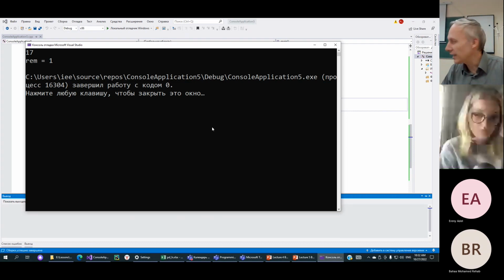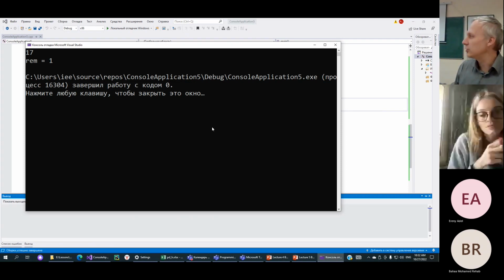I output the remainder when I divide the number by 2, just pair and unpair numbers. We can see on the screen only 0 and 1, right? I cannot see as a result 3. I cannot see as a result 2 or 4.